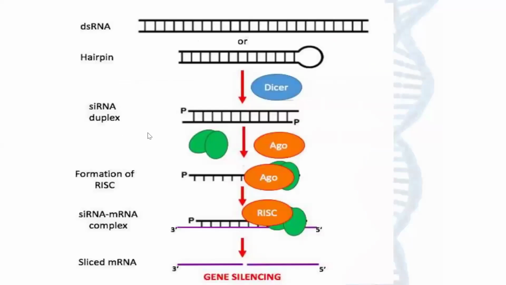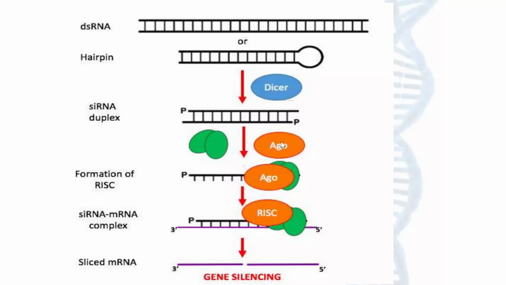Okay, now let's look at this. This is a diagrammatic representation of the mechanism of the short interfering RNA. The double-stranded RNA of short interfering RNA is made up of 20 to 24 base pairs. Then an enzyme called dicer will act on it and cleave it to form short double-stranded short interfering RNA.